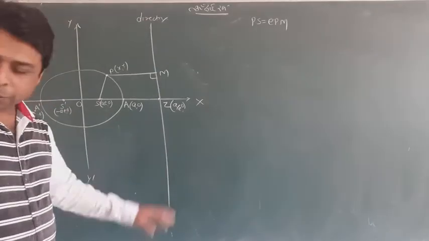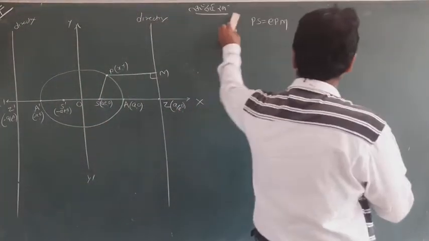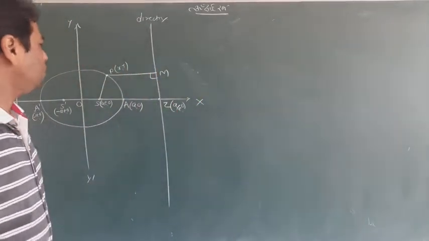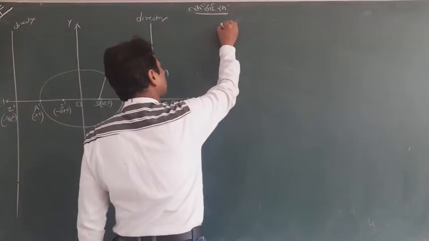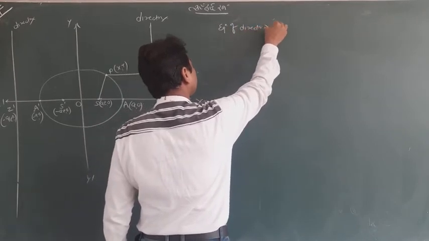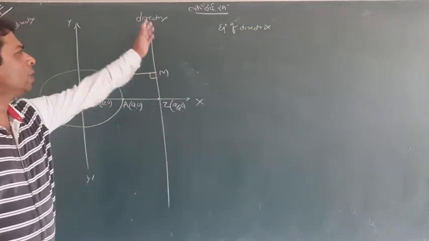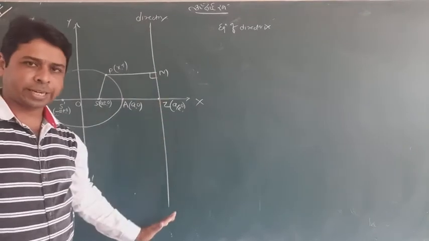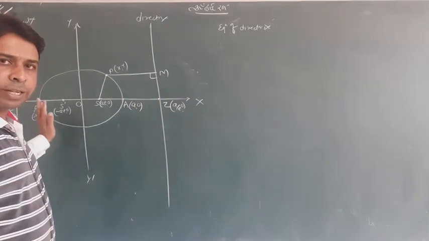Now, first of all, I want to write the equation of the directrix. What is the equation of the directrix? I am taking only the right side directrix, not the left side directrix.